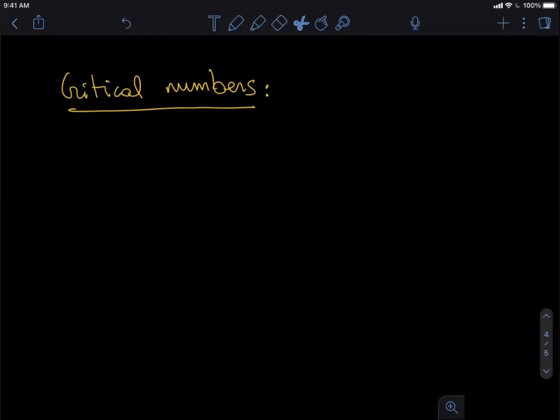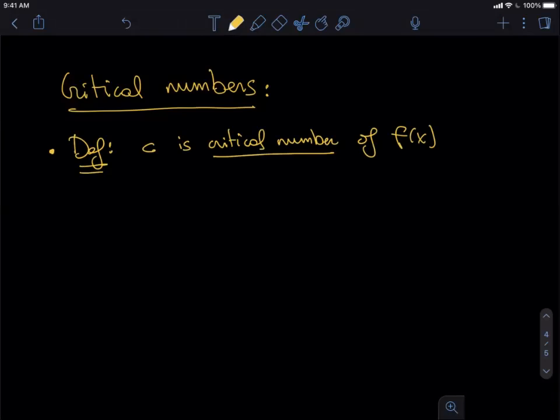Let's discuss critical numbers. So what is a critical number? We say that C is a critical number of the function f of x if f prime of C equals 0 or if f prime of C does not exist.